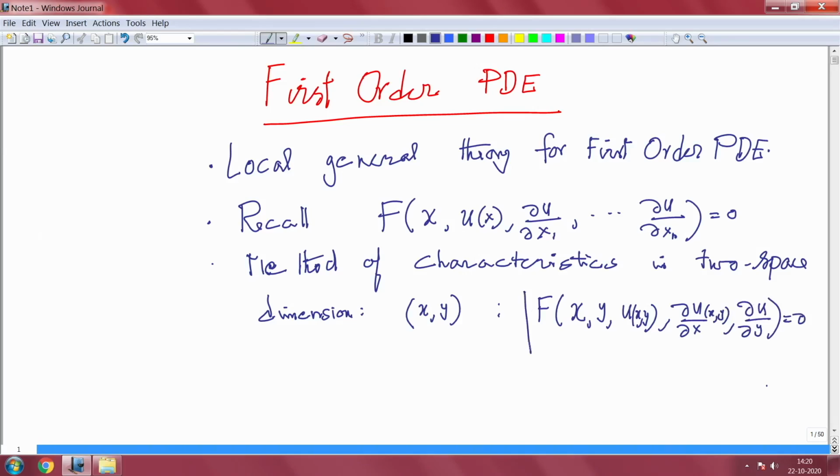This is the equation initially we are going to discuss. After discussing the 2 variable case, we will go to the n variable case.